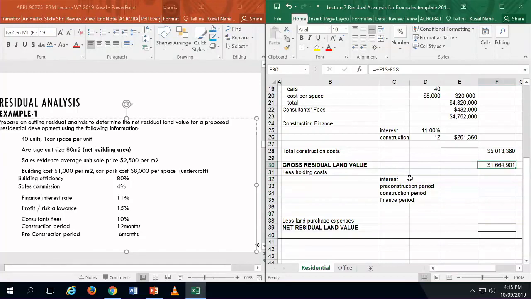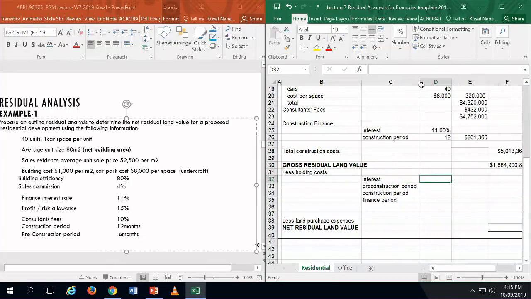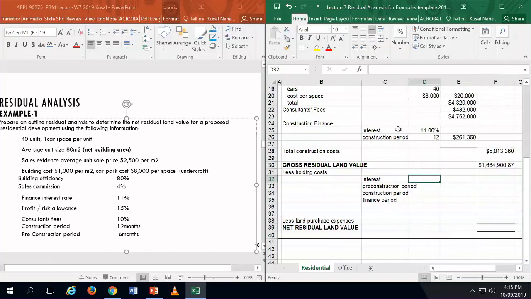Interest is 11%. Pre-construction period is 6 months, construction period is 12 months.